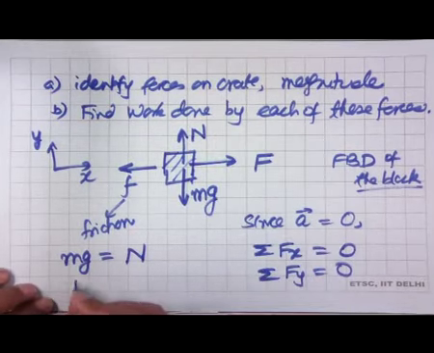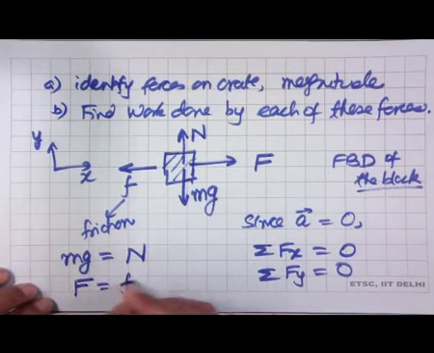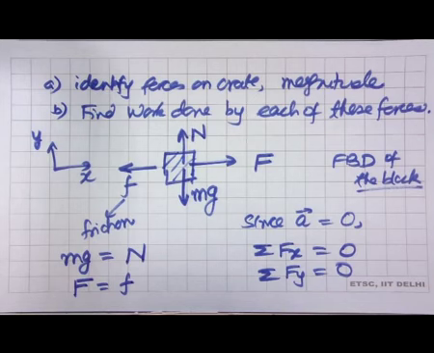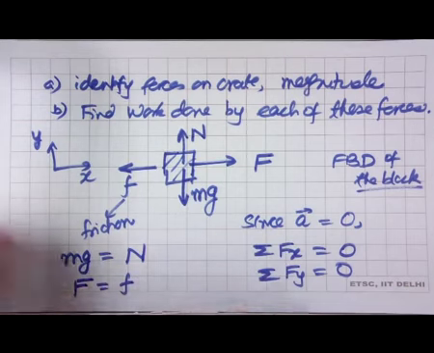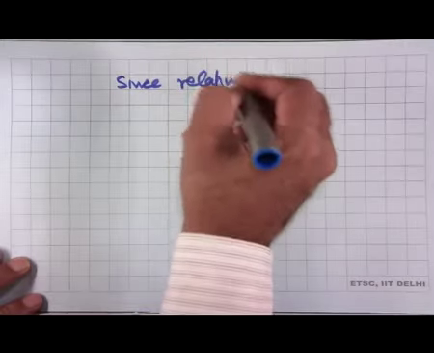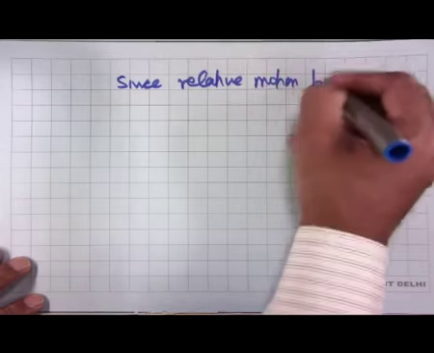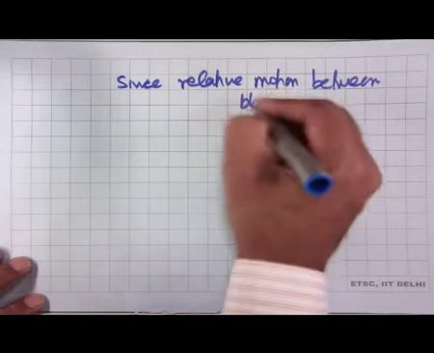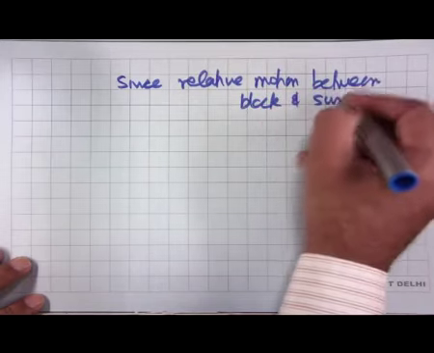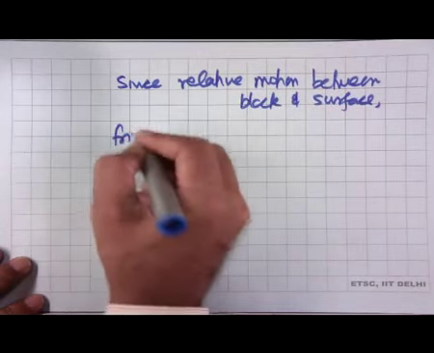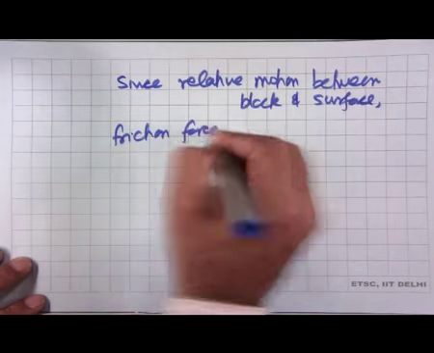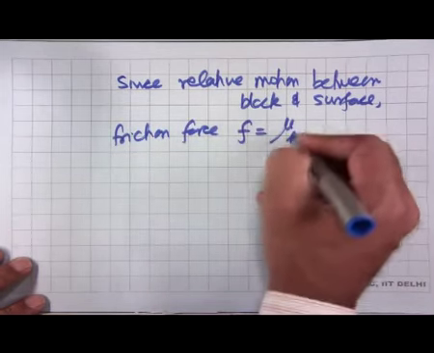And also what we know is that this force F is equal to the force of friction. Now, what we also know are our laws of friction. Because the block is moving, there is relative motion between the block and the surface, so the friction force f is equal to mu k times n.